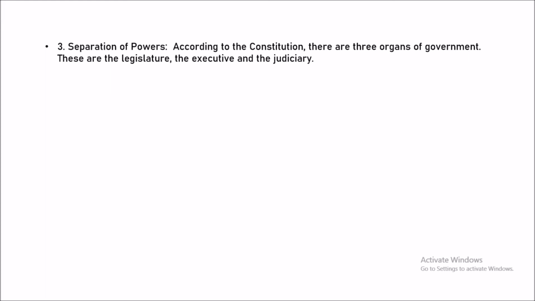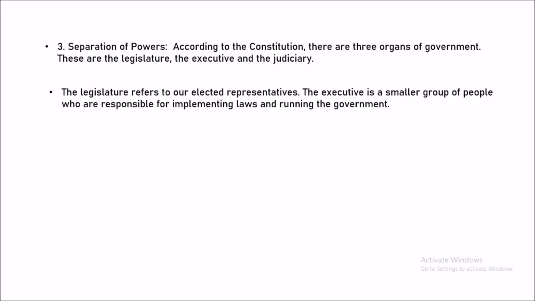The legislature refers to our elected representatives. The people choose their representatives, and these people come under the important organ of the government, that is legislature. The executive is a smaller group of people who are responsible for implementing the laws and running the government.